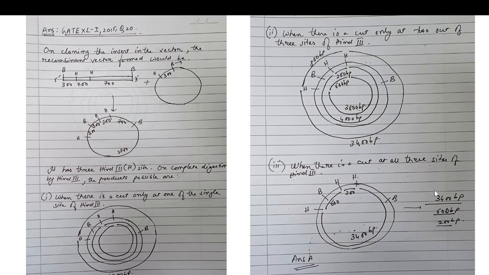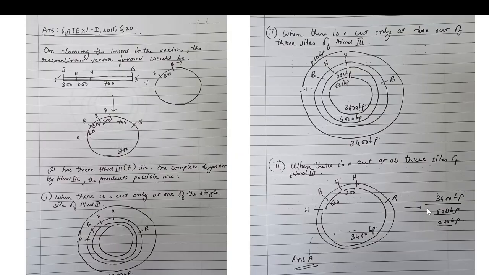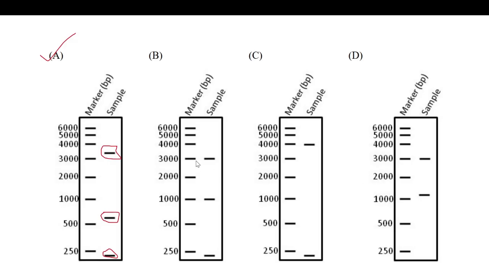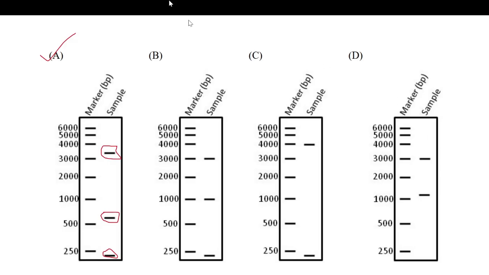Now there is also a molecular weight ladder marker which is given. You just need to compare this length with this gel image. So you see in option A, you have a band around 3400. You again have a band around 600 base pair, and a band below the 250 mark, that is around 200 base pair. So the answer to your question will be option A.